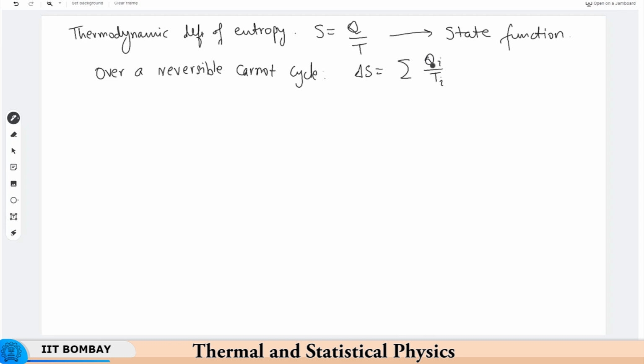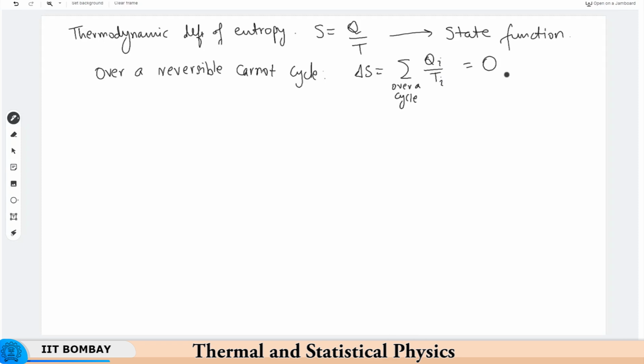I can run over an isothermal process, then an adiabatic process, then another isothermal process and another adiabatic process, but eventually over a complete cycle, we saw that this is 0. So that means it is a conserved quantity.